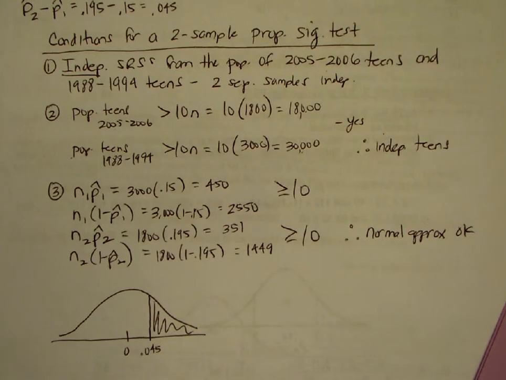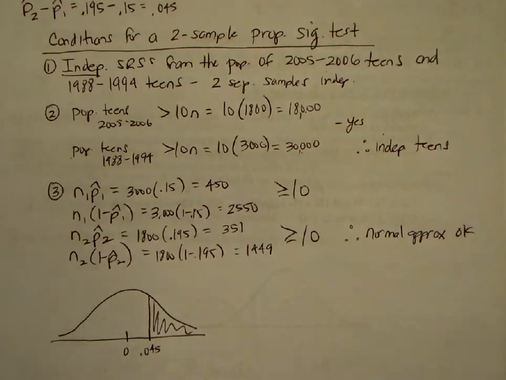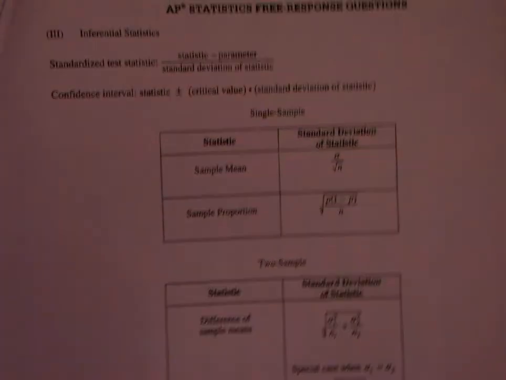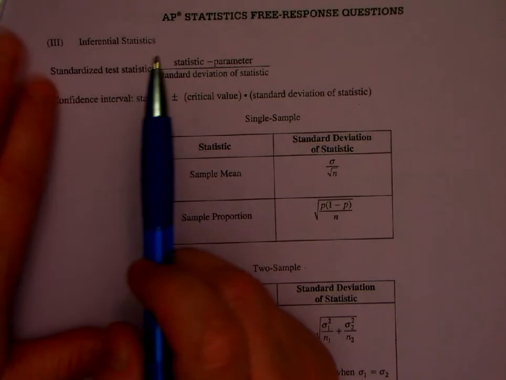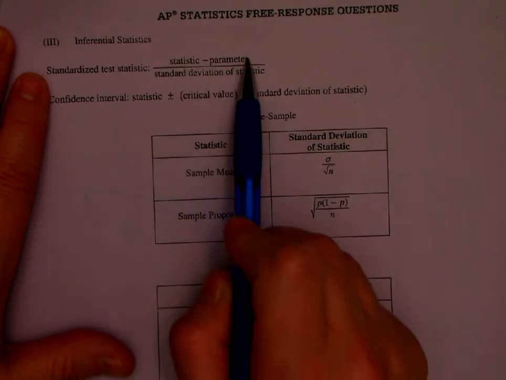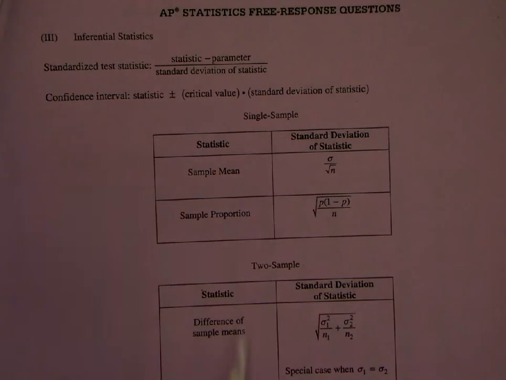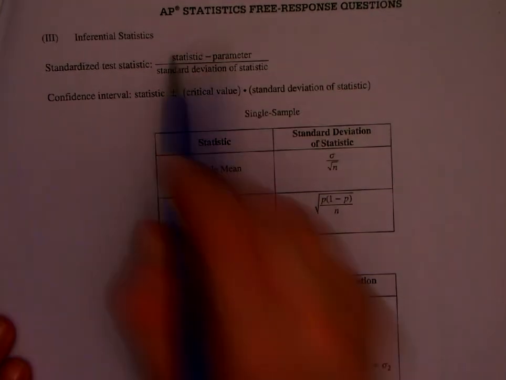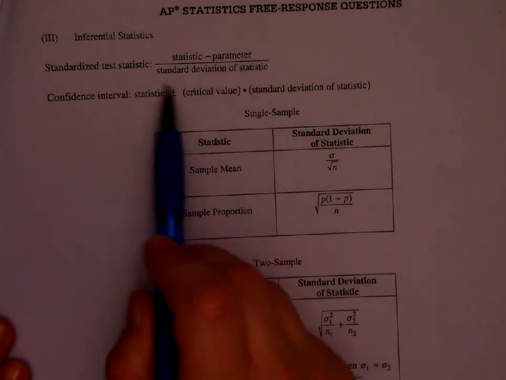Okay, so now I go to the formula. Page 5 of my grape sheet. You have a lime sheet. You are doing a significance test. So you are going to take your statistic minus the parameter divided by the standard deviation of the statistic. Your statistic is differences of your p hats. Your parameter is the differences of your pi's. The standard deviation of the statistic is going to be down where you used it yesterday.